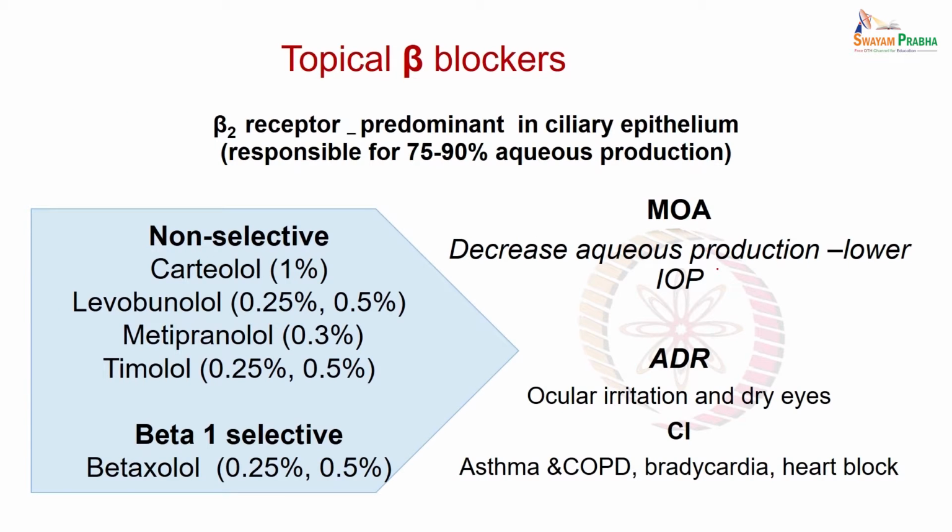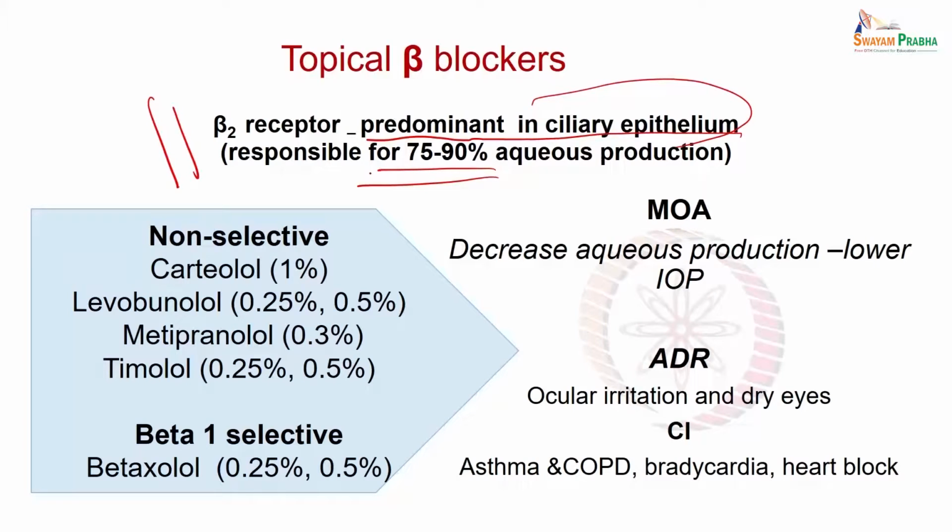The beta blocking agents used in glaucoma are those which can be given by topical application, direct instillation into the eye, because the beta 2 receptor is predominant in the ciliary epithelium, which secretes aqueous, and the ciliary epithelium is responsible for 75 to 90% of aqueous production.